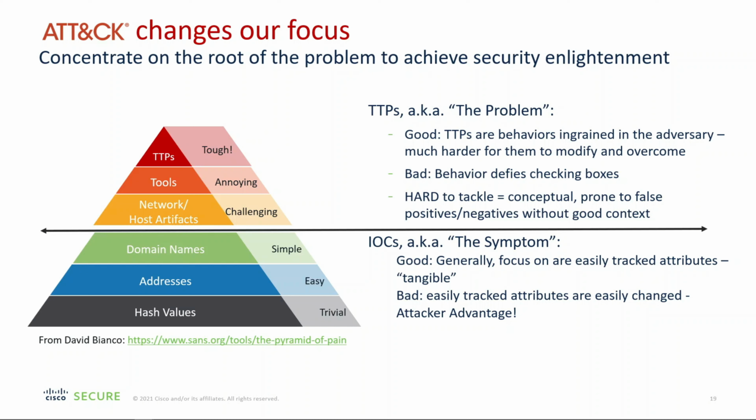Now, the challenge that we have as defenders is that this is not easy, because it is prone to false positives and negatives, and you need additional context. For example, if PowerShell is being used to move laterally within the organization or pull down a payload, and the goal here is to remove PowerShell, but you use it for administrative purposes, well, that's a problem.